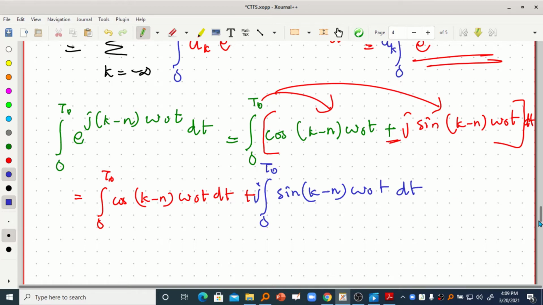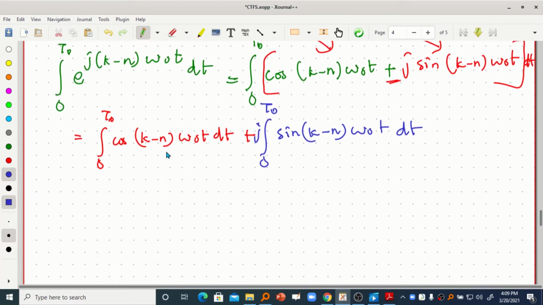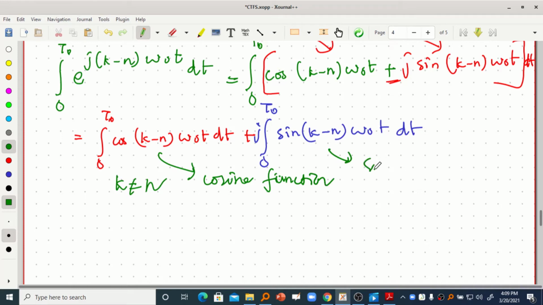Now you can see that, in the beginning, let us assume that k is not equal to n. So when k is not equal to n, this is a cosine function, and this is a sinusoidal sine function, right?